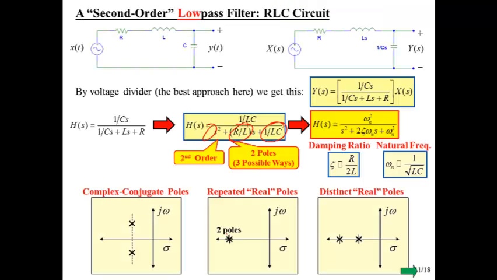Let's go back and look at that. R over 2L, that's our damping ratio, and 1 over LC is actually our omega n squared. Now notice that shows up inside a square root, right? So these damping ratios and natural frequencies define something about the poles here, as we'll see.